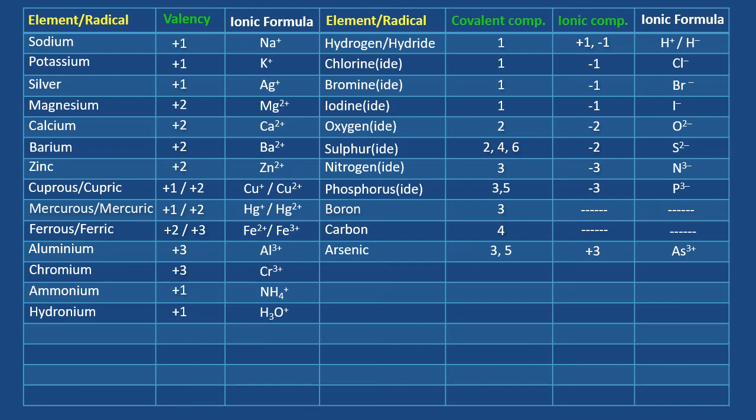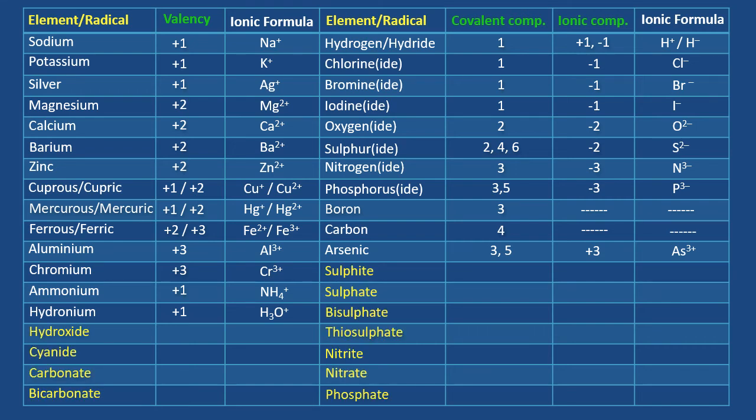Arsenic forms 3 or 5 covalent bonds, but it has valency of +3 in ionic compounds, and the formula of its cation is As3+. Now look at these radicals.